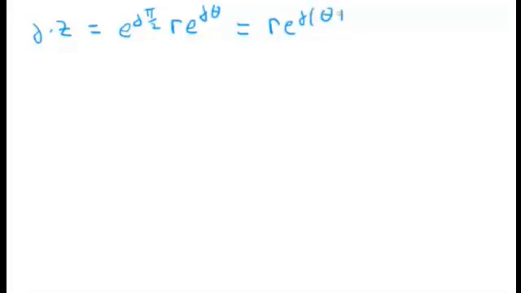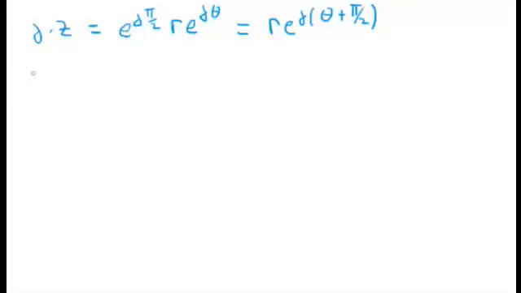We'll do the example j times z by writing it in polar form. So writing j in polar form, we have e to the j pi over 2. And writing z in polar form, we'll just use general polar coordinates, r e to the j theta. Multiplying this out using the law of exponents, we have r e to the j times theta plus pi over 2.